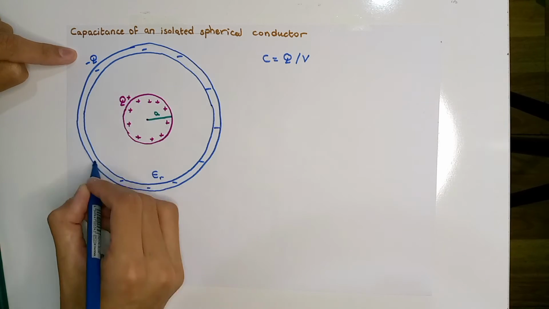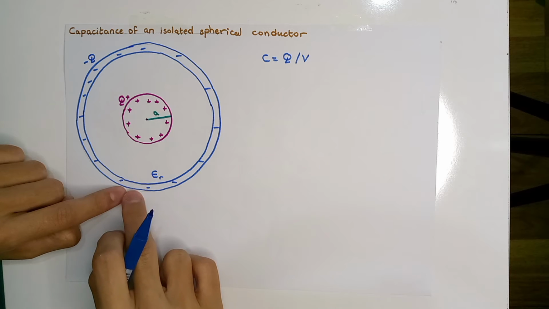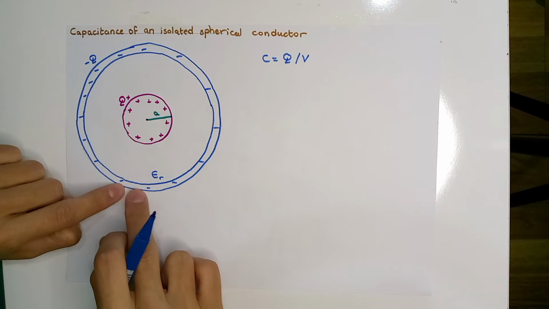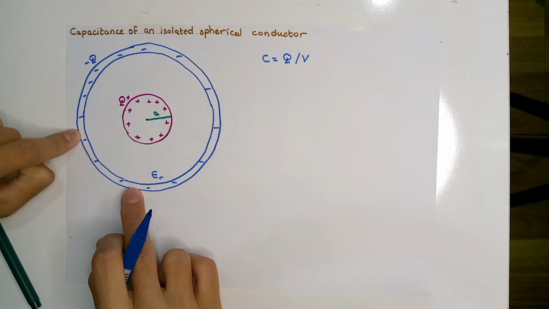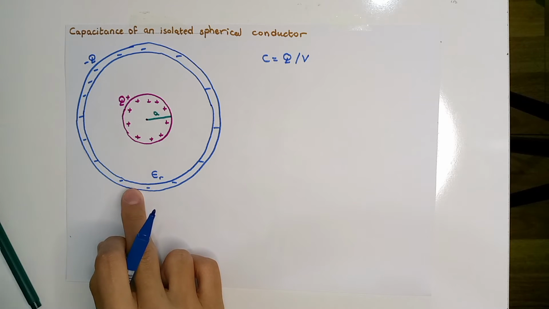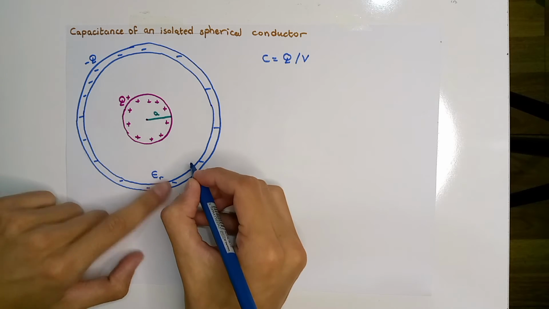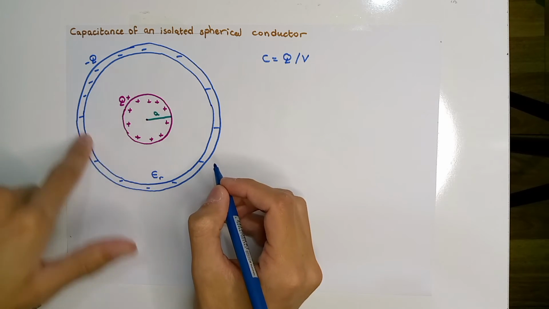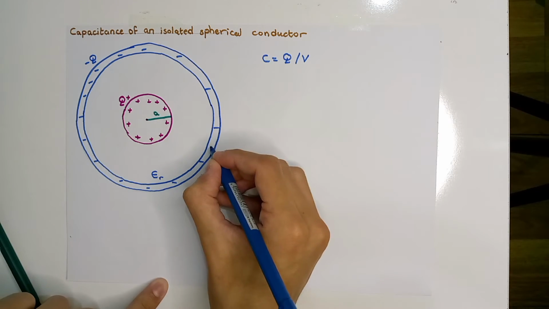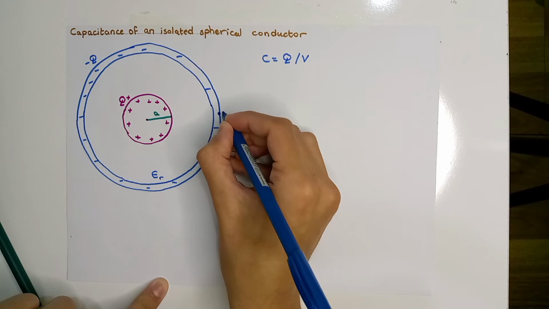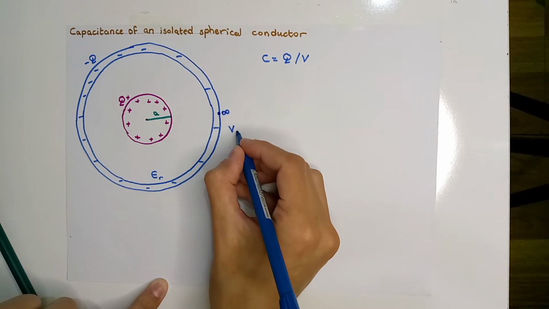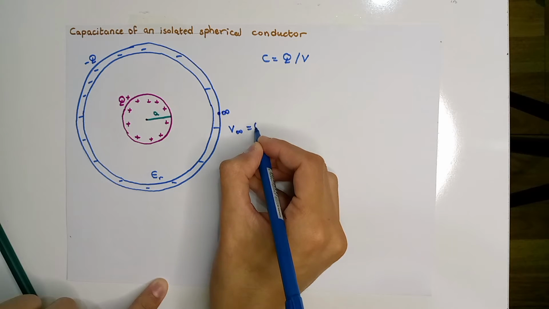To make the impact of the potential due to this negative hypothetical conductor zero, we assume that this spherical conducting shell exists at infinity. The reason is that the potential at infinity is equal to zero.